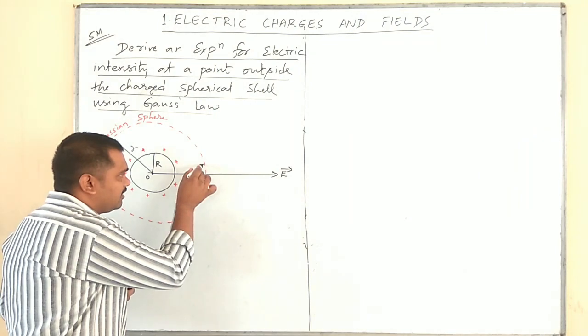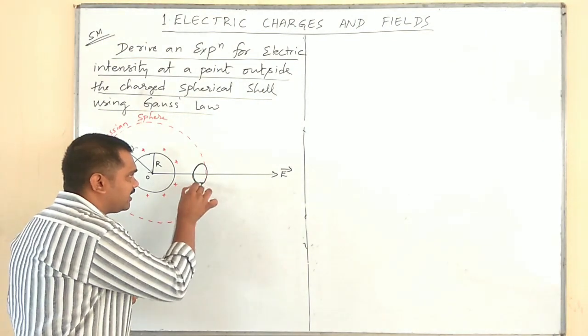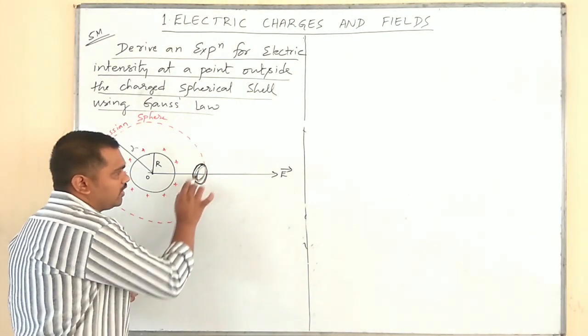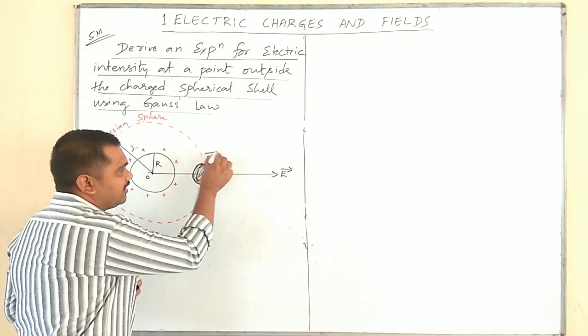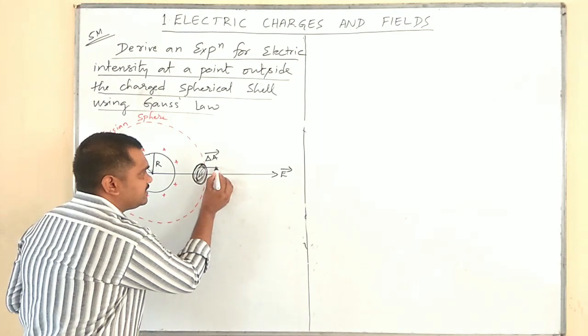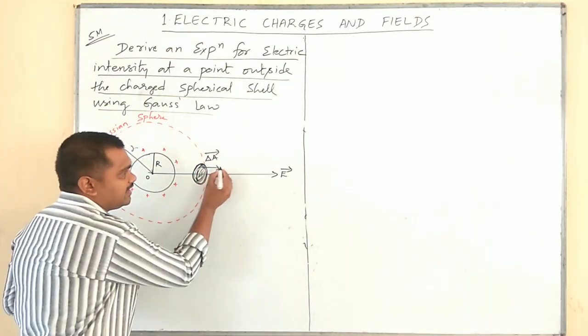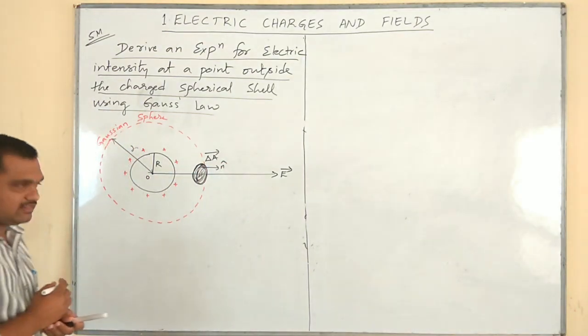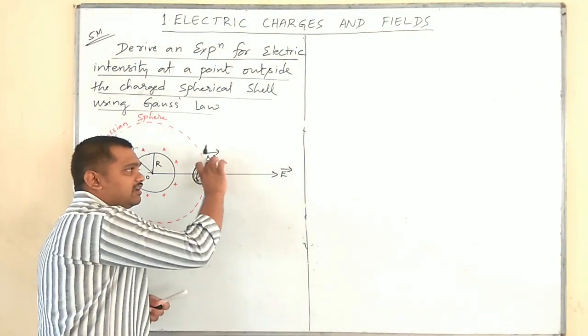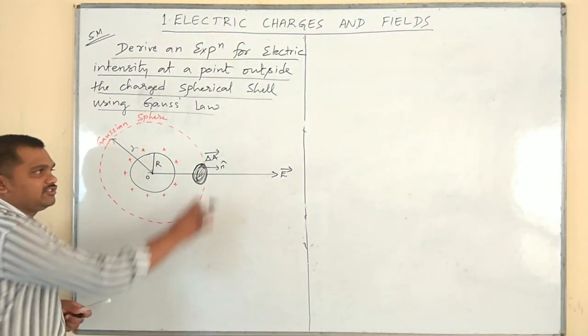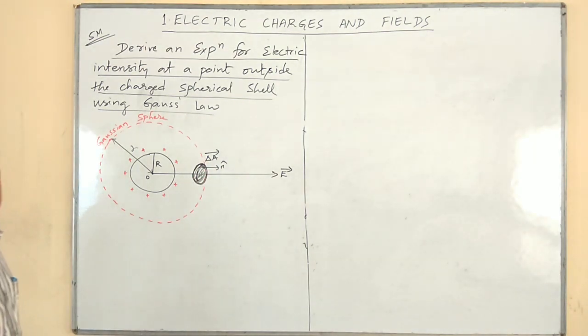Let me take one small portion over here, whose area, let it be some delta A, whose direction is normal to the surface. That is the direction of the area vector and the electric field vector along the same direction. These two are parallel to each other.